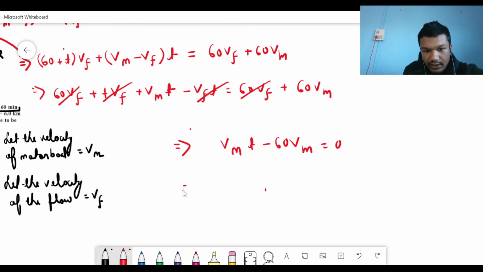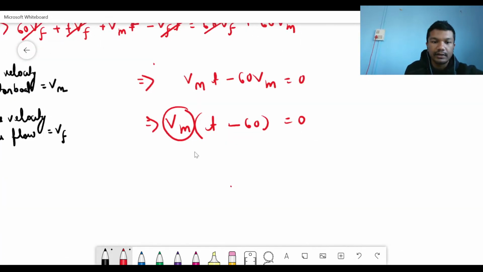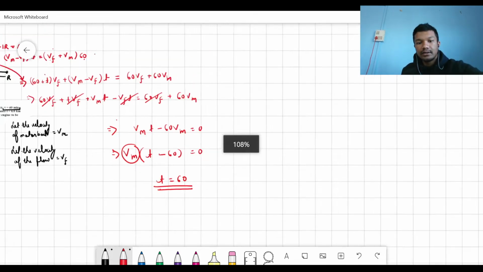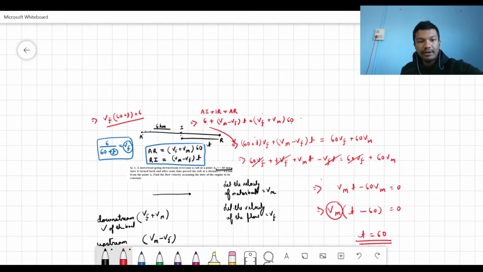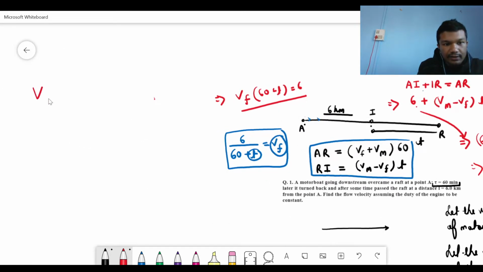If we take VM common, whatever may be the VM, we will get T minus 60 equal to 0. This term cannot be 0 because the boat is moving, it is the velocity of the boat. So T will be equal to 60. If T is 60, then VF will be 6 divided by 60 plus 60.